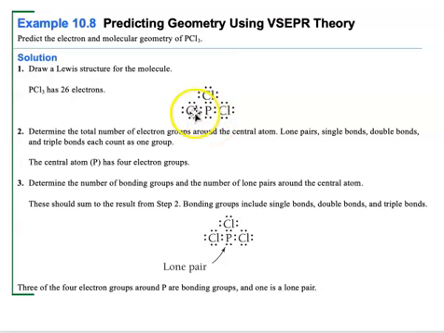It's got 1, 2, 3 single bonds and 1 lone pair of electrons. So determining the number of bonding groups and the number of lone pairs around the central atom, these should sum to the result from step 2. Bonding groups include single bonds, double bonds, and triple bonds. We also have a lone pair of electrons right here.